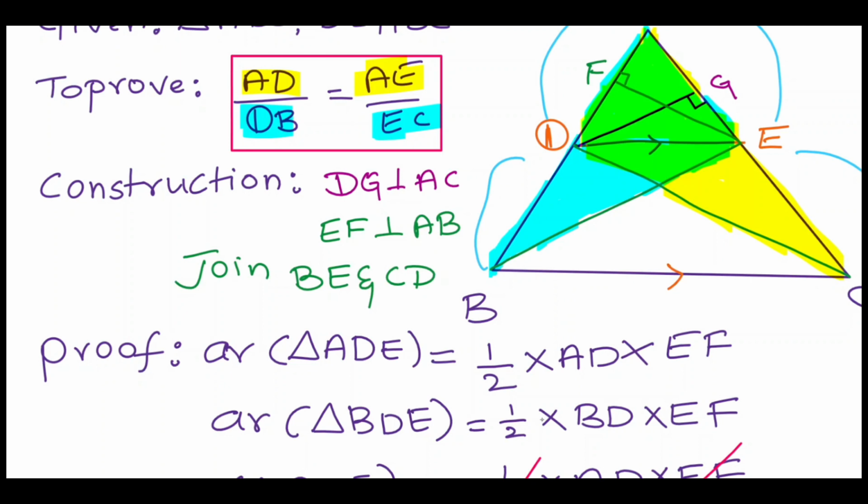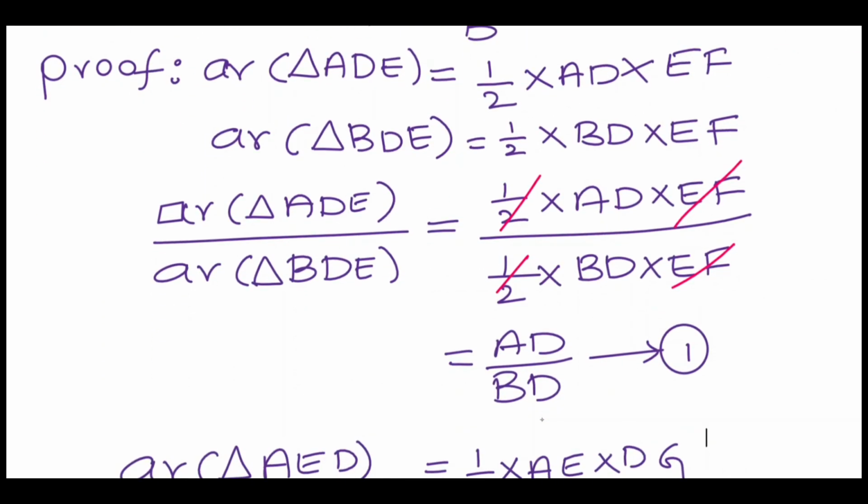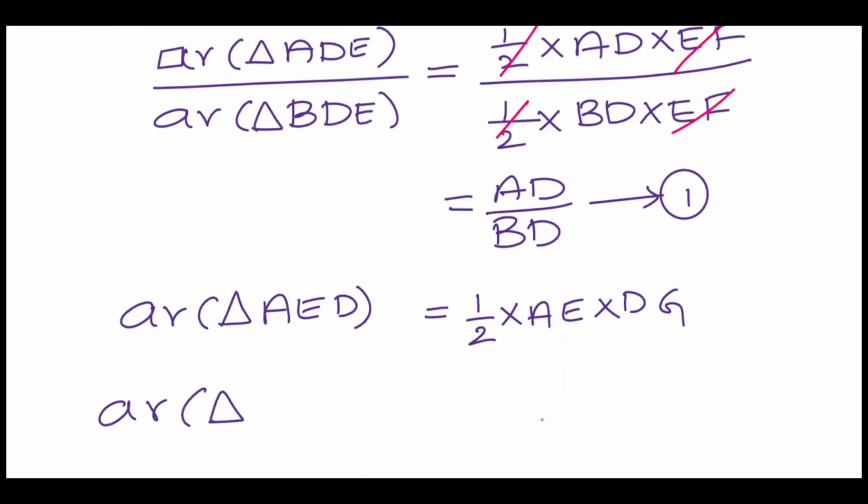So CE is the base, the height will be DG. Area of triangle CED is half into base EC into height DG.